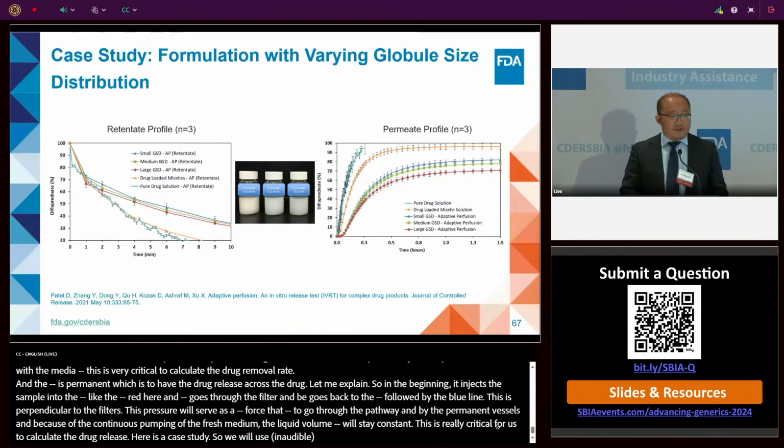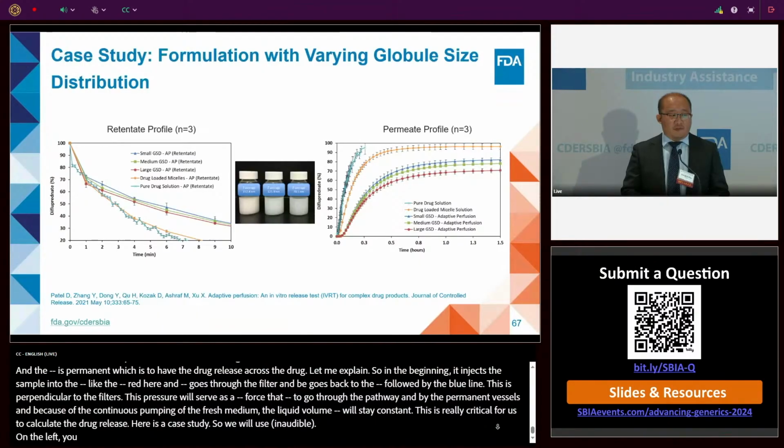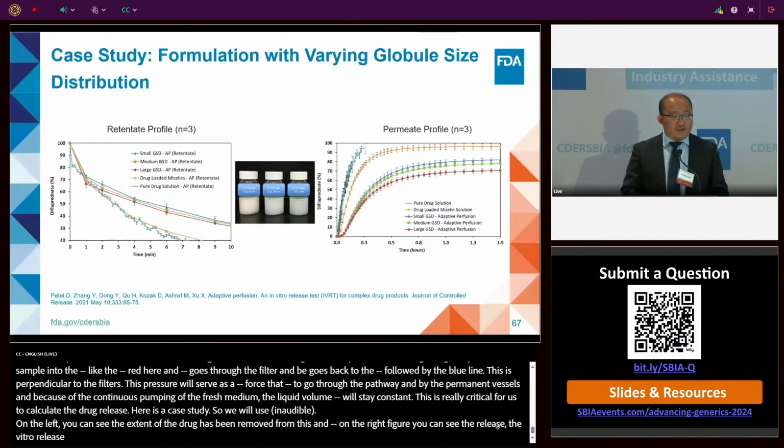On the left figure, you can see the rate and extent of drug removed from the retentate reservoir. On the right figure, you can see the in vitro release behavior for these five formulations. What we can see from the left figure is that about 80% of the drug was released from the solution in less than 10 minutes.